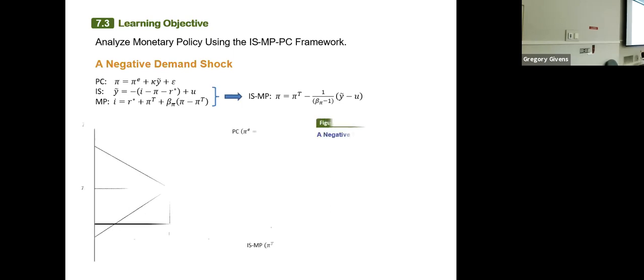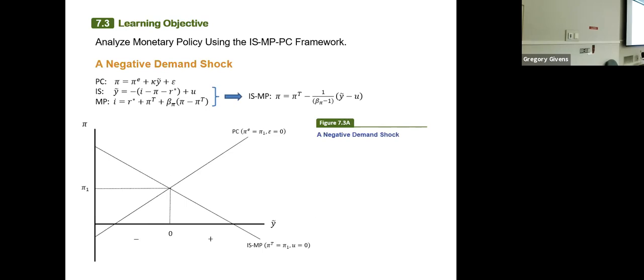Now, to analyze the model graphically, what did we do? We took the IS and the MP curves and we slammed them together to generate the IS-MP schedule, and we derived that several minutes ago, okay? The Phillips curve and the IS-MP schedule jointly determine, here's the key thing, the equilibrium values of the output gap and inflation in the short run, that is, over the business cycle.